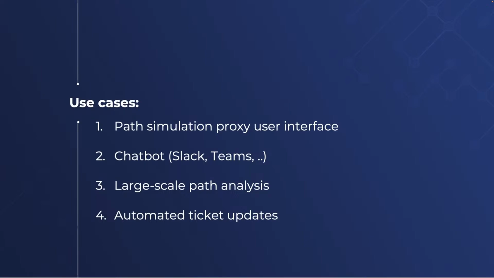In that case, you would not go to the user interface and put in the source and the destination 100 times, or try to think of connected or co-joined subnets to run a simulation in an easier fashion, right? What you would do ultimately is run end-to-end path simulation over API with a list of sources and a list of destinations, and you can analyze whether or not the traffic will go the path you want.